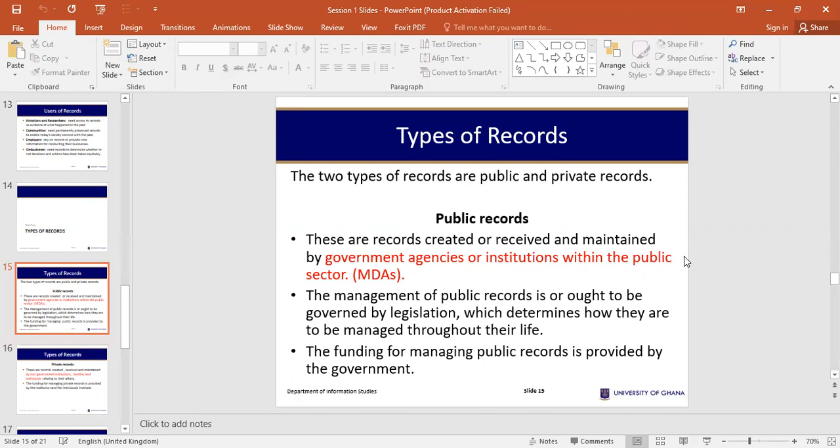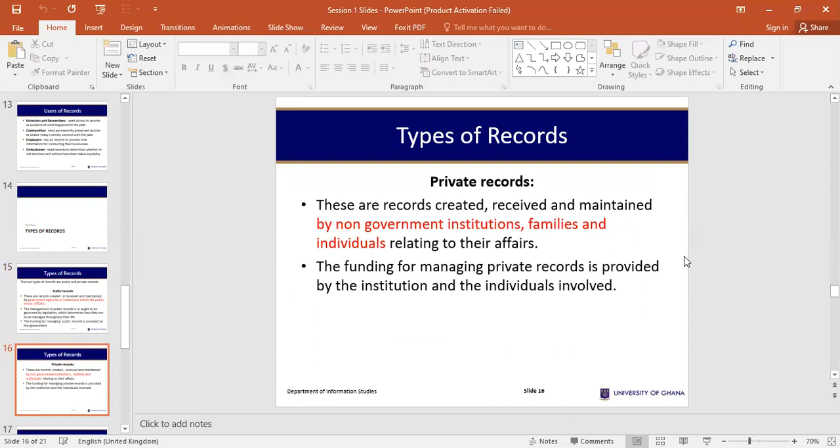Now, when we come to private records, we're talking about records created, received, and maintained by non-government institutions, families, and individuals relating to their affairs. The funding for managing private records, even the creation of private records, is by the institution and the individuals involved. In the case of public institutions and public records, the shareholders, you can say, are the citizenry, and so they provide the funds.